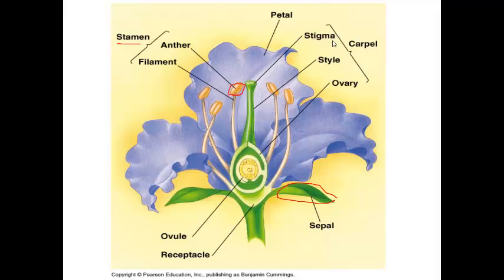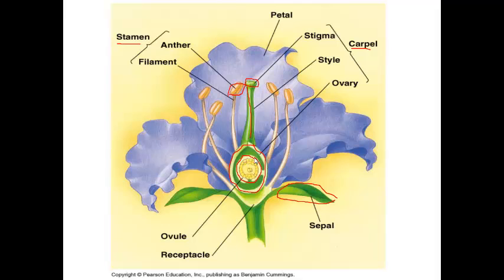The female reproductive structure is called the carpel, also called the pistil, and it has three parts. It has a stigma on top, which is sticky. It has a style, which is a tube that extends down, and it has an ovary. Inside the ovary, we will find the ovule, and the ovule is going to contain eggs inside of it.